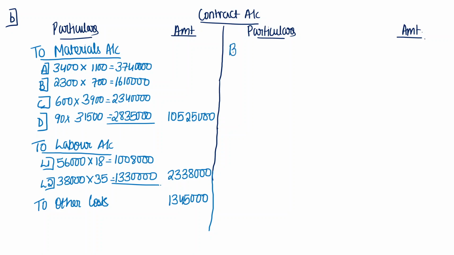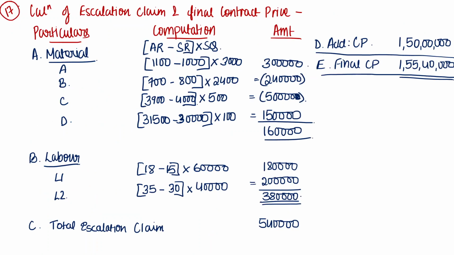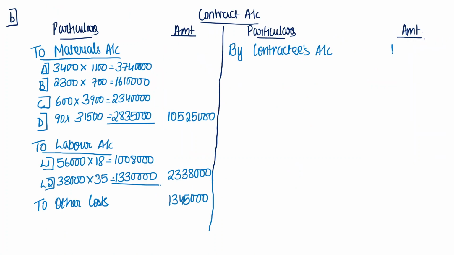The contract is over by contractee's account. We hand it over to the contractee and take 1 crore 55 lakh 40,000 from him. So what is my profit? Should I write notional profit? No. Why?